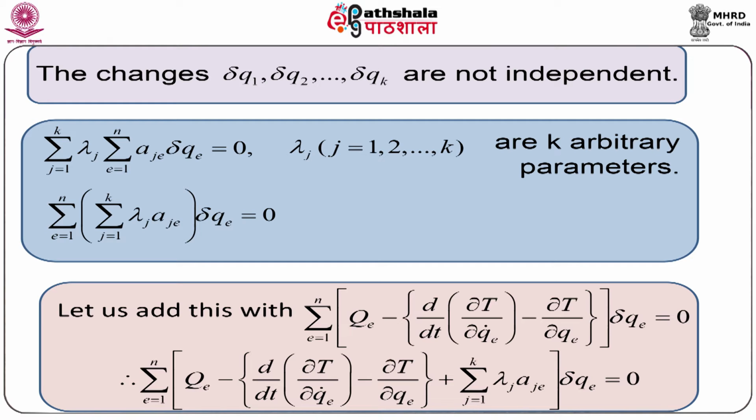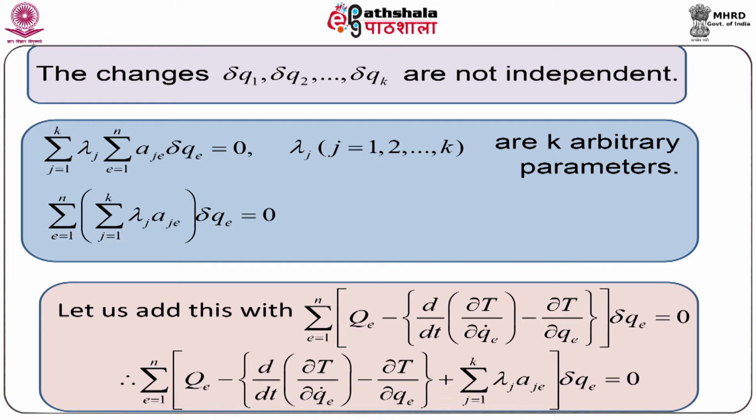If we add this equation with Lagrange's equation of motion for n degrees of freedom, which is given by this equation, we get summation over e of Q_e minus d/dt of the first order partial derivative of T with respect to q_e dot minus the first order partial derivative of T with respect to q_e plus summation over j of lambda_j a_je, into delta q_e equal to 0.